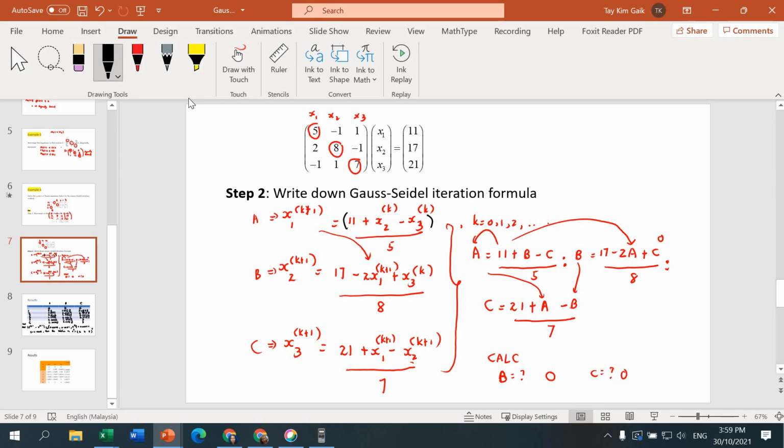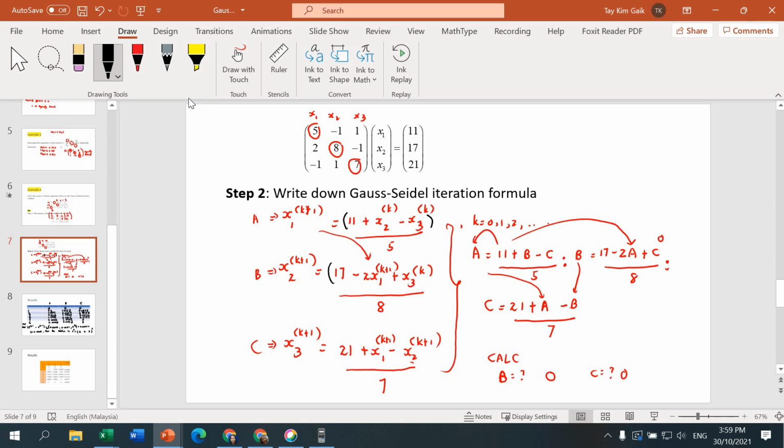In the new row, to calculate x1, you key in equal, bracket 11 plus x2k, which is clicking the x2 here, and the x3, which is 0 there. Then divide with the slash, by 5.